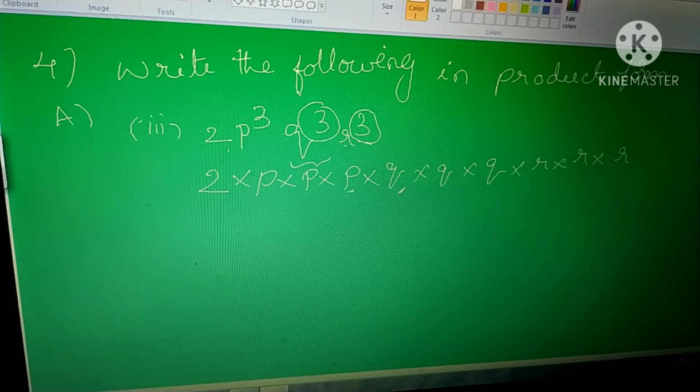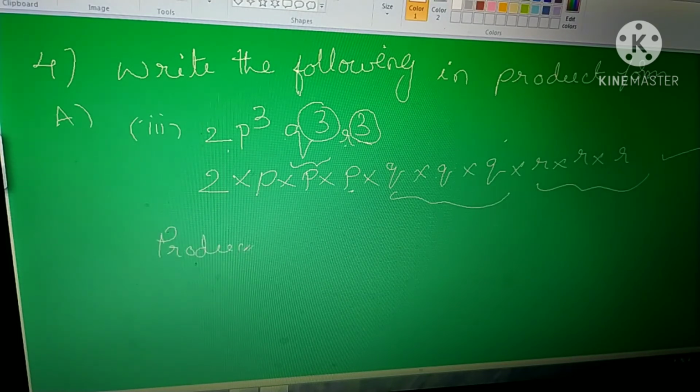After that go for q. Here also q power 3, so we have to multiply 3 times. After completing this, go for the next variable, that is r cube. In the power we have 3, so we have to multiply r 3 times. So like that you have to complete writing the product form.